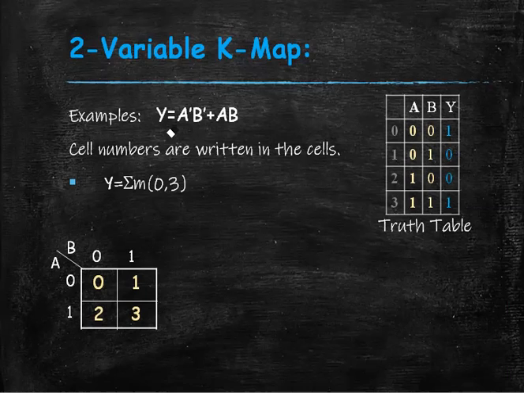Then the SOP representation of the Boolean expression is y equal to sum of minterms 0 or 3. It is the SOP form. SOP means sum of product terms.